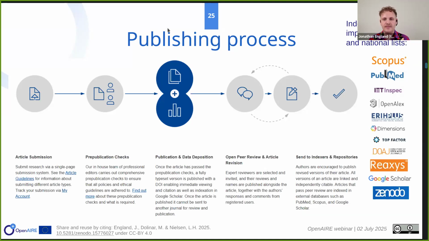At each stage of the revision, new comments, new revision, new comments, new revision, every time those are published alongside openly, so that everyone can see, and the reviewers will say whether they approve the work or not. Then once it's approved, it is indexed in a lot of different places, including Scopus and PubMed.